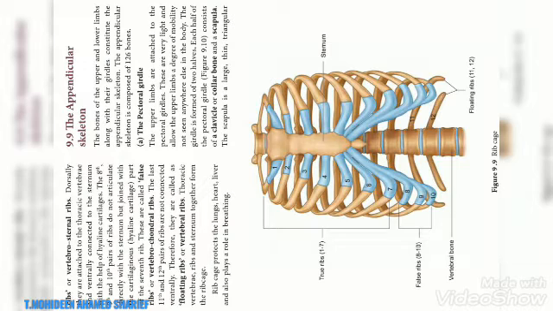And each vertebra has a central hollow portion, the neural canal, through which the spinal cord passes. One important thing, the first vertebra is called the atlas and the second vertebra is called the axis.